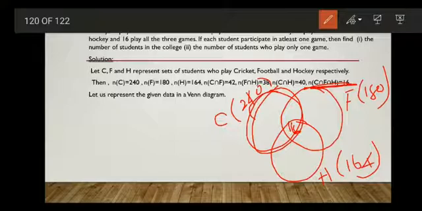Here they have given that 42 play cricket and football, so this portion is 42. What is this portion? That will be 42 minus 16.